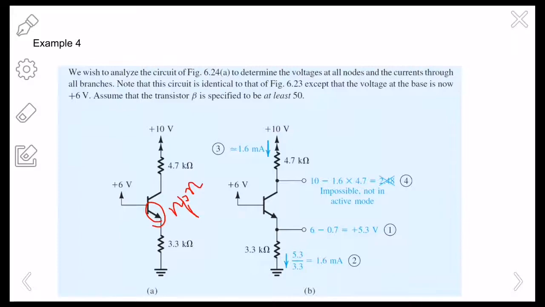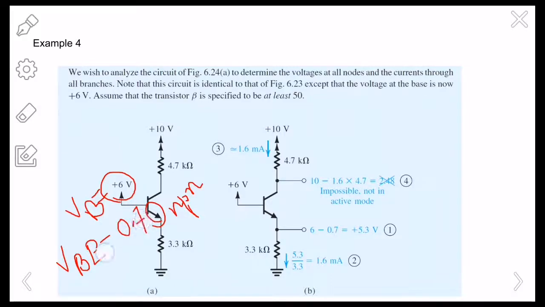Now you can see that there is a voltage source connected at the base, so VB is equal to 6 volts. If it needs to be turned on, we know that VBE must be 0.7.